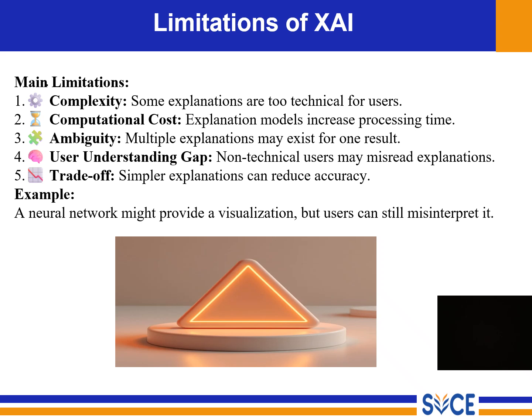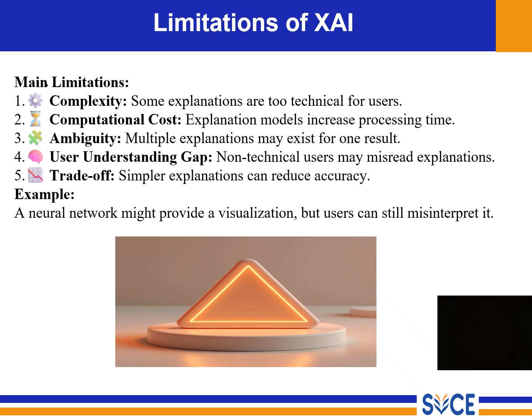Limitations of XAI. Even though XAI sounds wonderful, it's not perfect. Let's see why. The first one is complexity. Some methods are very technical, so normal users can't understand them easily. Then computational cost. Creating explanations takes time and resources.